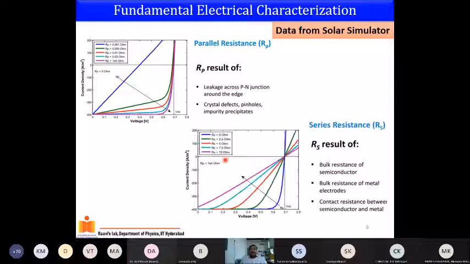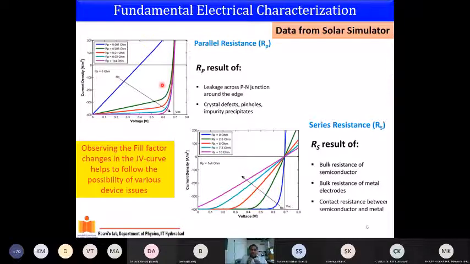Now, one simple idea which you can get out of seeing your basic JV curve is how your fill factor is changing. Observing the fill factor changes in the JV curve helps you to follow the possibility of various device issues. Normally Rp does not play a big role, because the idea of Rp is that it should reduce from infinity to less.